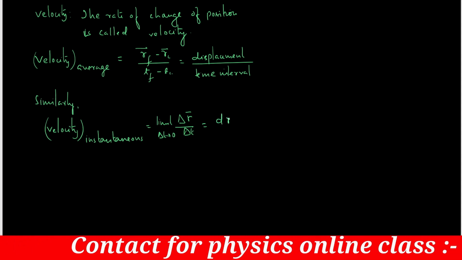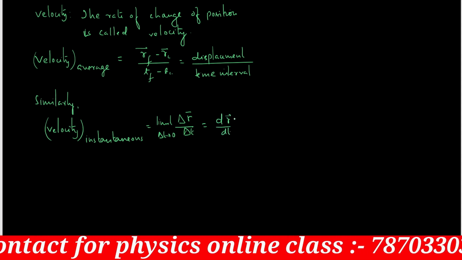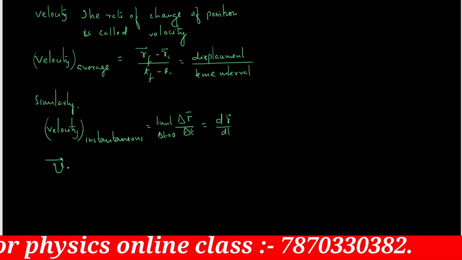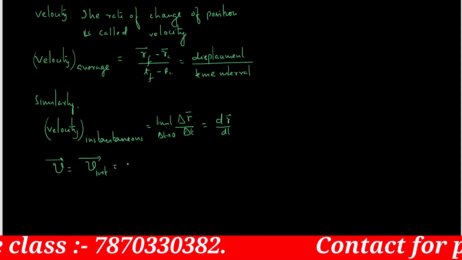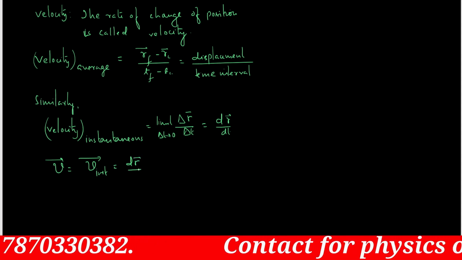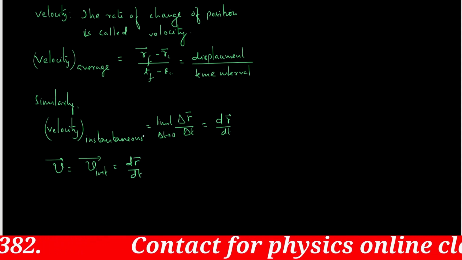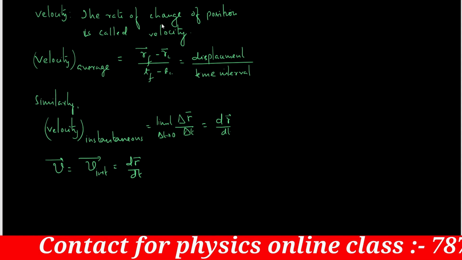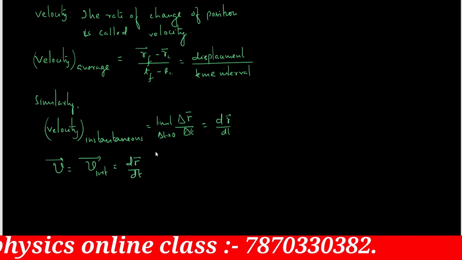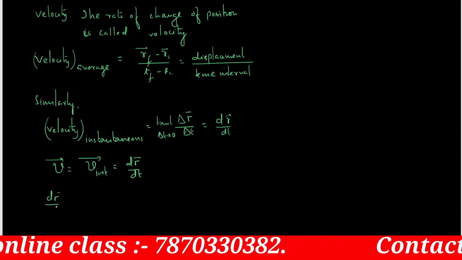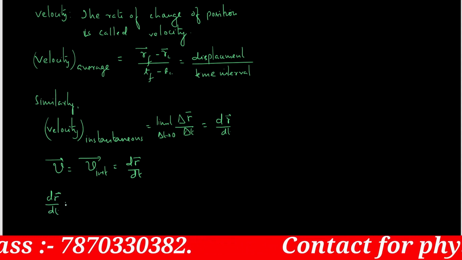That's why this equals dr by dt. So velocity, or instantaneous velocity, will be equal to dr by dt. And I have written the formula. The rate of change of position is called velocity, and the quantity dr by dt is the rate of change of position.